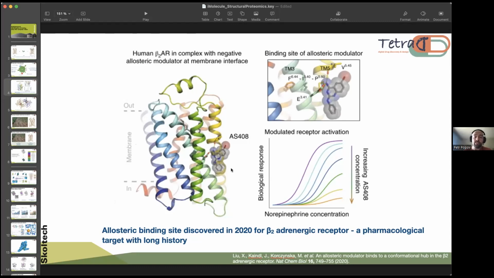But here, on the right side of the protein, you see the compound AS408, which is a newly discovered negative allosteric modulator, discovered just a few years ago. In this plot, you can see how it affects the biological response of this protein. On the x-axis, we see the norepinephrine concentration, which is the orthosteric ligand. By color, we see the increasing concentration of the allosteric ligand. And while we increase the concentration of this allosteric modulator, the biological response decreases.